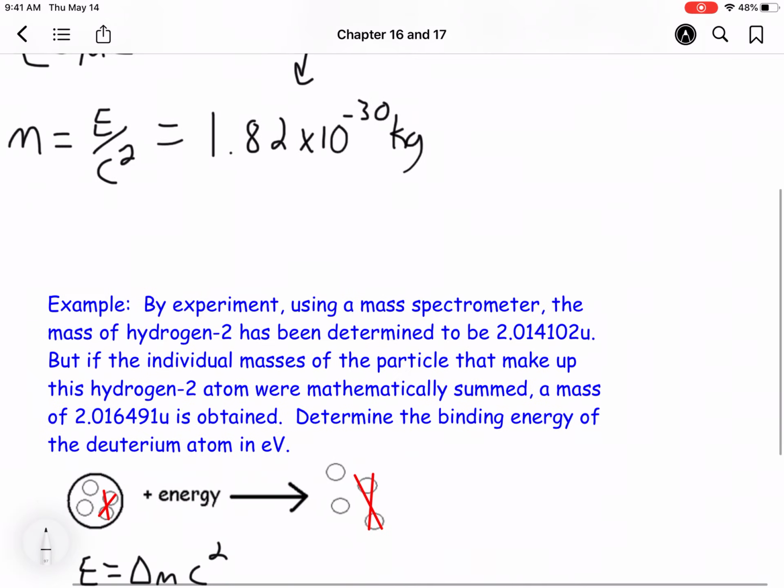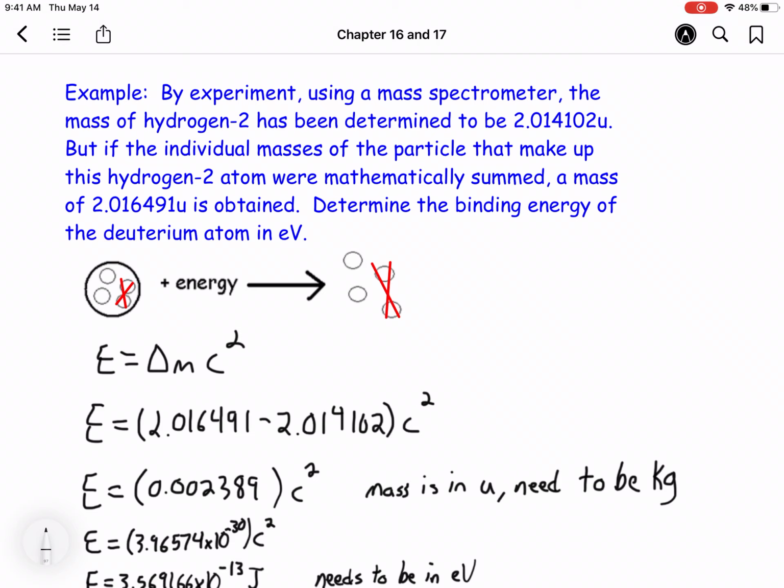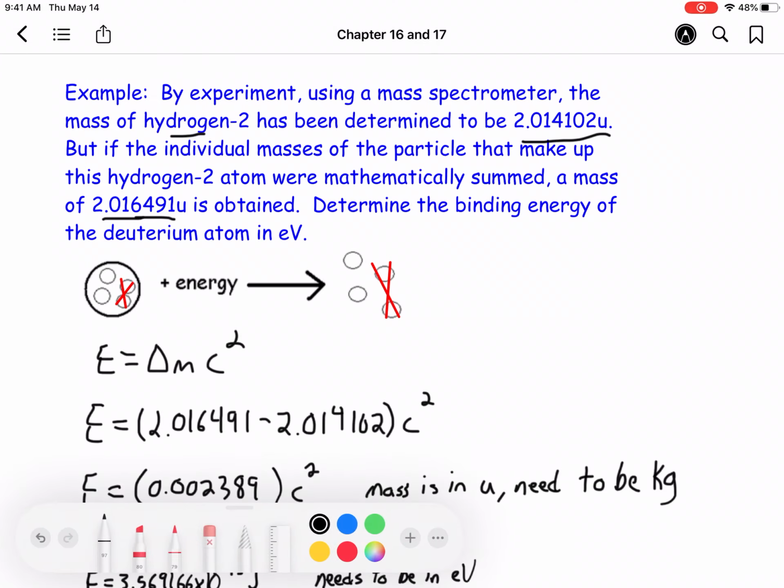So we can use our idea by using our experiment using a mass spectrometer. Usually you're going to be given the masses, and you have to calculate from there. So the mass of hydrogen 2 has been determined to be this number, and the hydrogen 2 atom, when its mass is together, is that. And so we notice that it has a difference in mass.